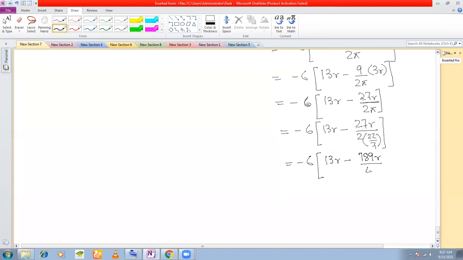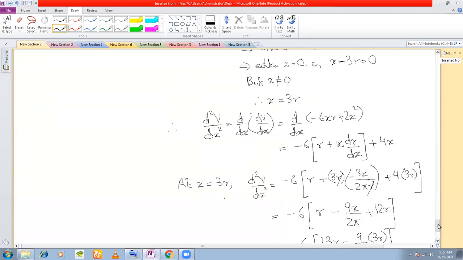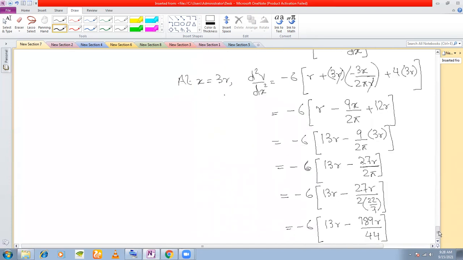R by 44. Right? So this is positive, right? So this volume should be minimum. So this should come to be positive.